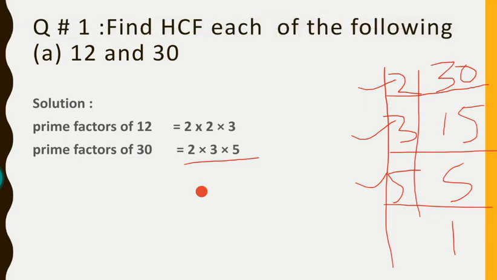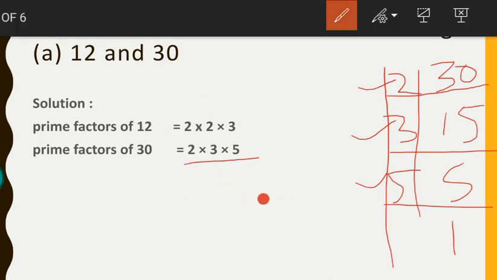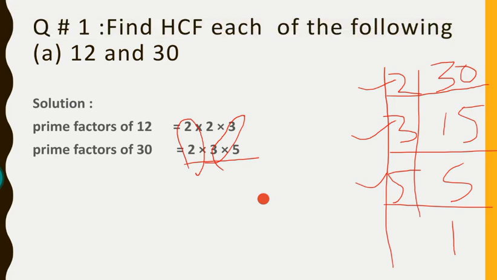Okay, in the next step we have to find common factors. Here these two are common and 3 is common. So the HCF of 12 and 30 is 2 into 3, and 3 multiplied by 2 is 6.